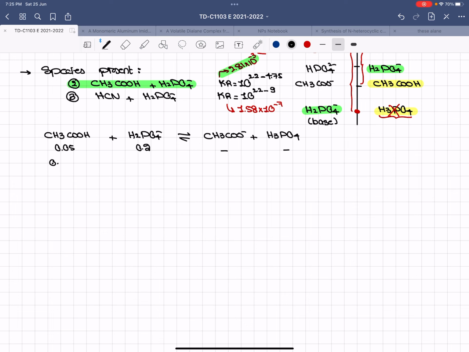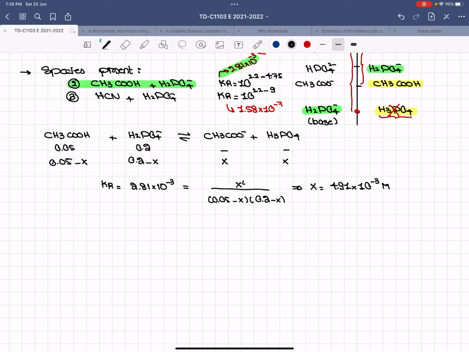So 0.05 minus x, 0.2 minus x, x. Find x from Kr, which equals x squared divided by (0.05 minus x)(0.2 minus x). Find x, which is equal to 4.91 times 10 to the power negative 3 molar.